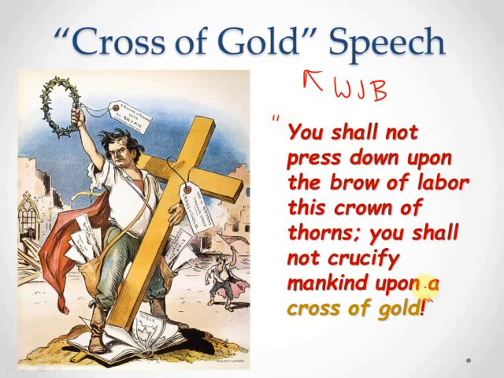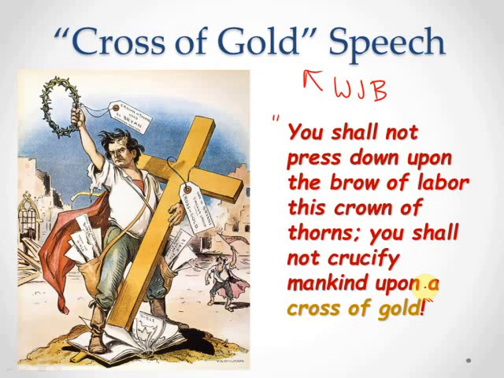You should write down the quote that reads, "You shall not press down upon the brow of labor this crown of thorns. You shall not crucify mankind upon a cross of gold." So write this quote down real quick by William Jennings Bryan.